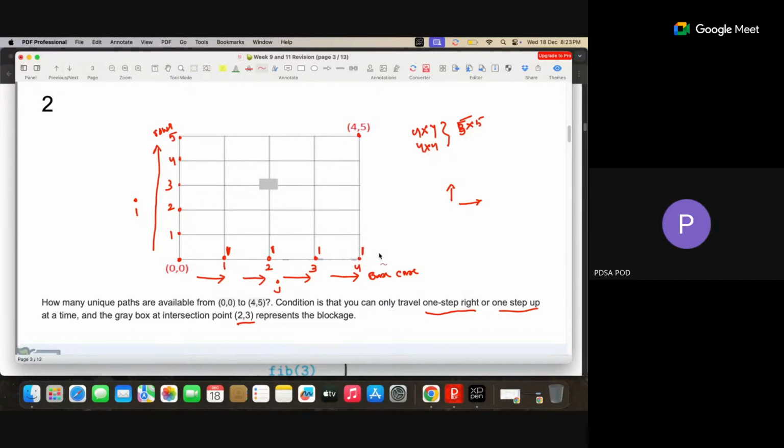Similarly, we are moving from this place to this place, so that means towards up. One row we are going forward, one row, one row, one row. Up to here it's clear. Is it right?